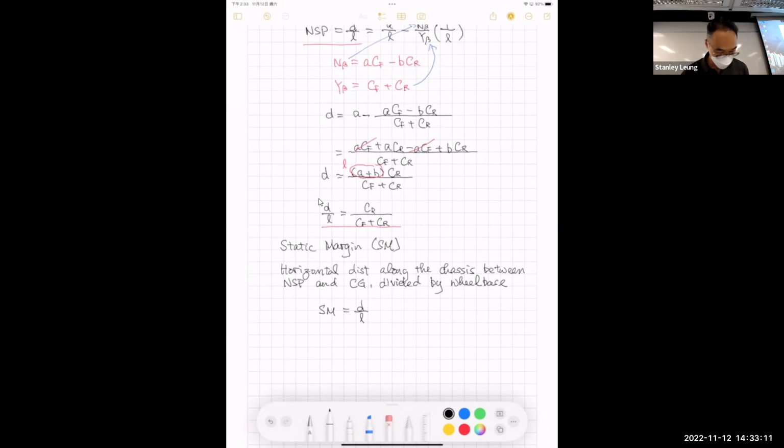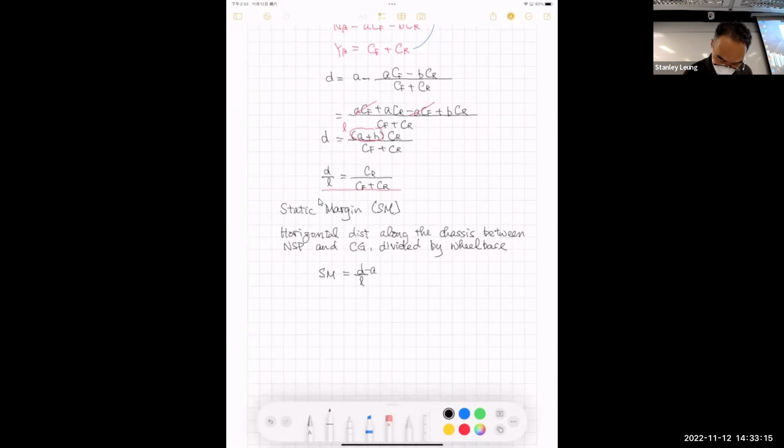So SM is D over L, the neutral steer point, minus A over L. The neutral steer point we already know: it equals A over L minus N bar over Y bar times 1 over L.